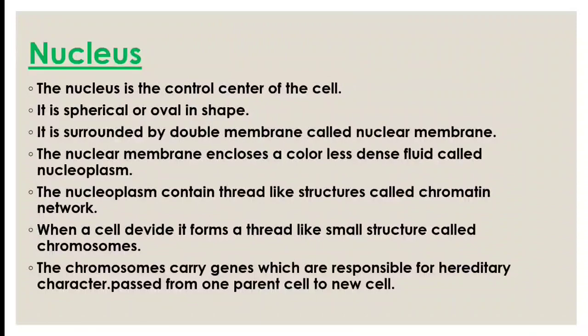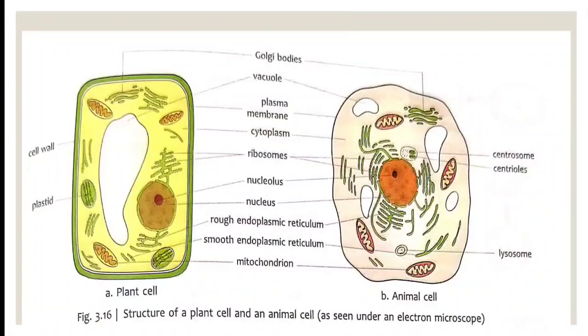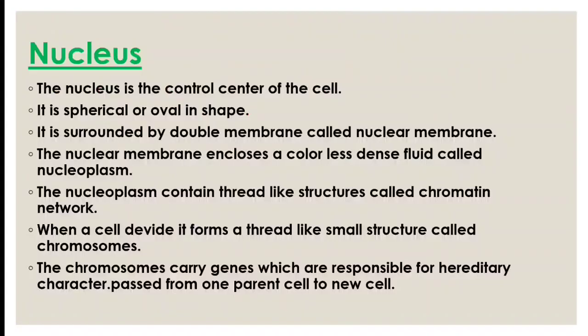The nuclear membrane encloses a colorless, dense fluid called nucleoplasm. Inside the nucleus, this orange portion which you can see is called nucleoplasm, and it is a jelly-like substance.